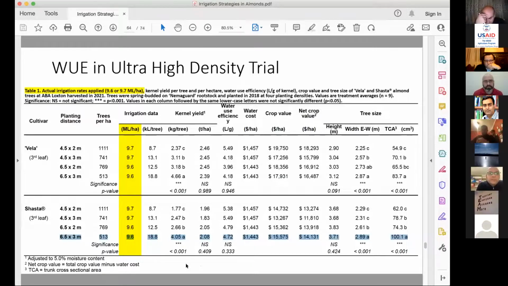So, I think we need to work with the irrigation companies in Georgia, but here in California, we have different types of soil moisture sensors, the dielectric sensors, tensiometers. You can use the tensiometers. They're easy to install and use.